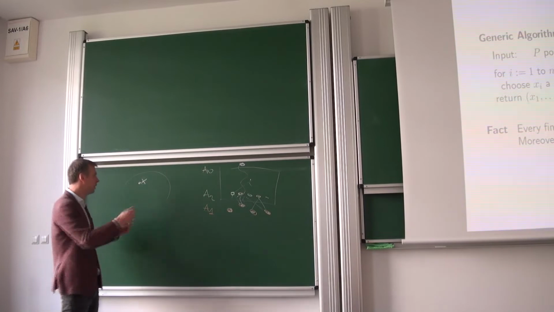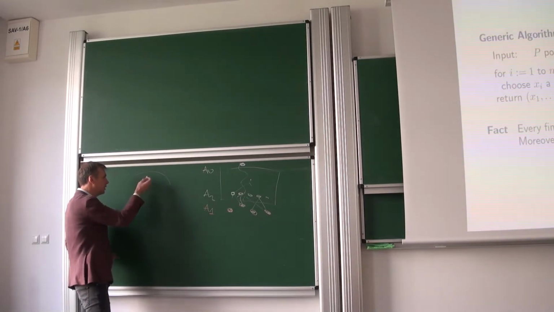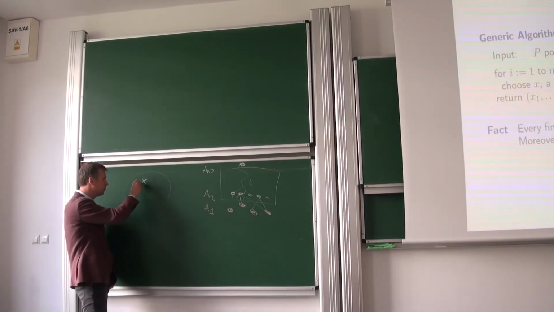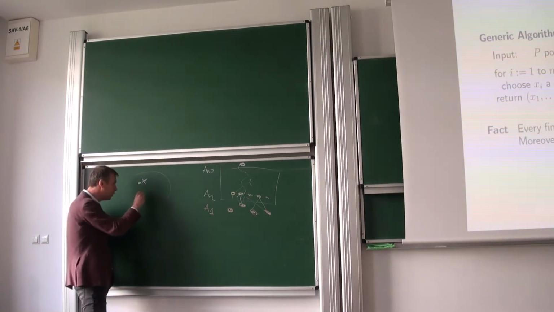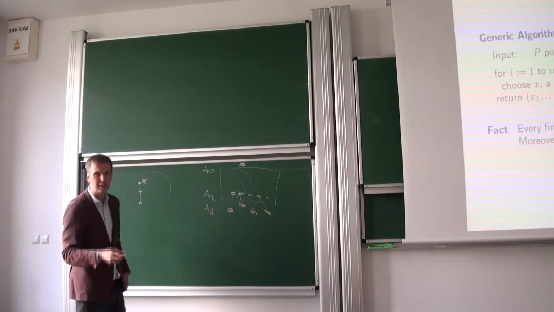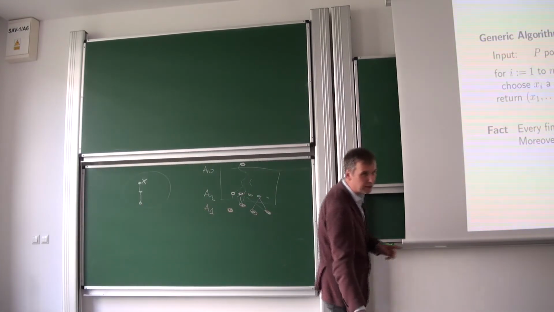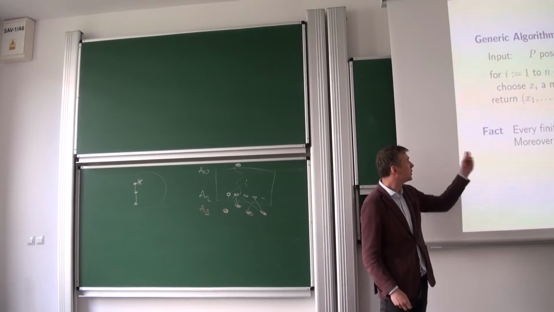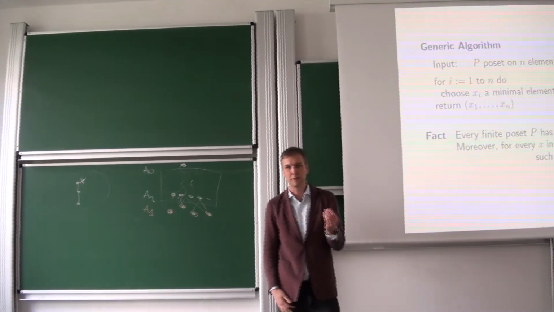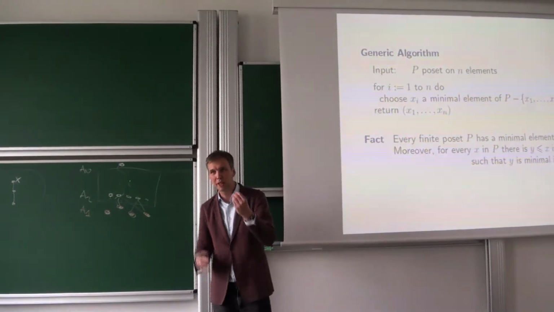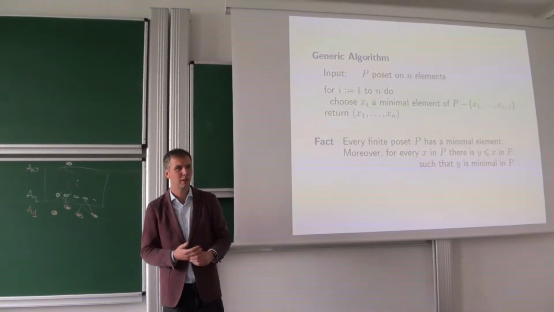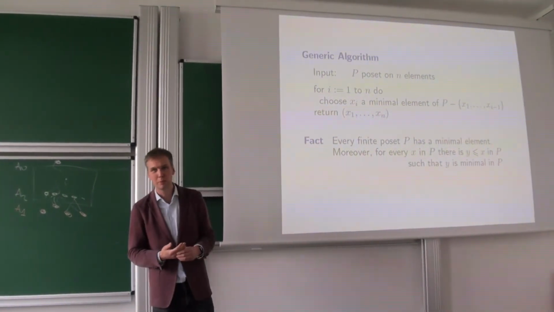And this is pretty easy to argue if we really want to, because if this is not a minimal element, then there is an element below it. Take it. If this is not a minimal element, there is an element below it, yeah? It has to stop because the structure is finite. That's your minimal element. Okay, so this easy fact gives us that the algorithm is well defined. Yeah, because we are choosing a minimal element from something, which is presumably non-empty, yes.